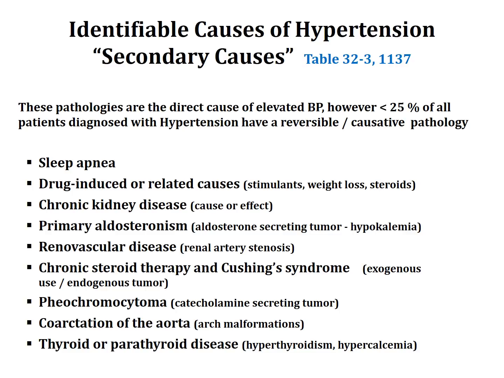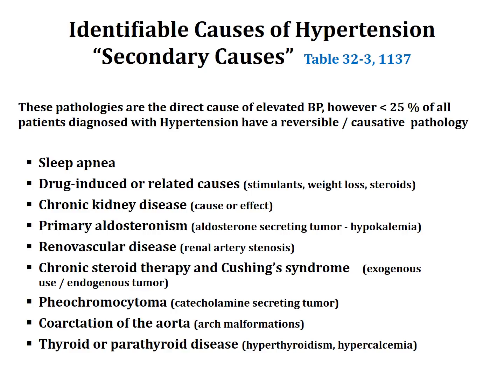Okay, once we have identified an individual as being consistently hypertensive, one of the things we want to think about is, why are they hypertensive? So some individuals have what's called a secondary cause. A secondary cause means that they've got some underlying pathology that's leading them to have hypertension, and that pathology can be reversible.